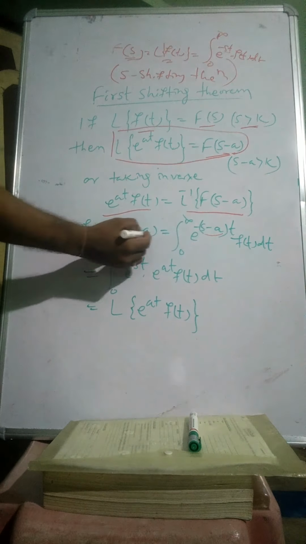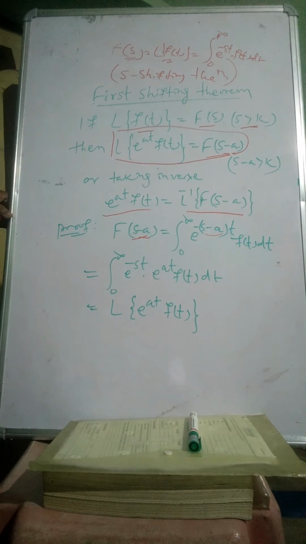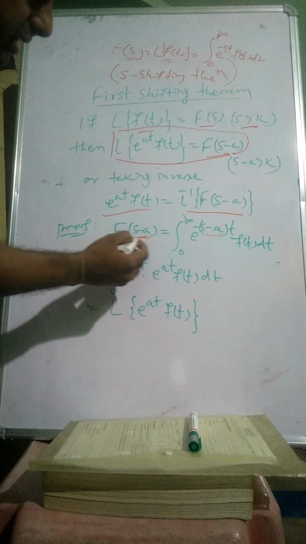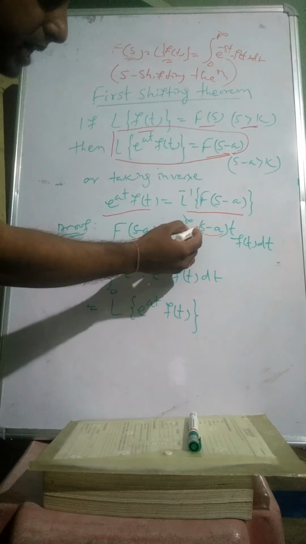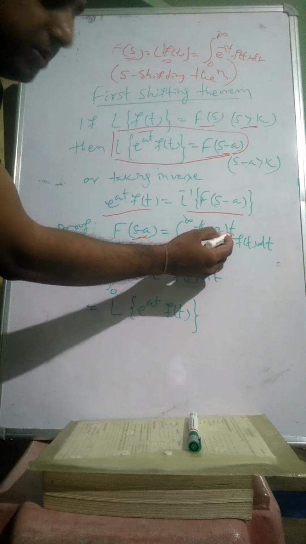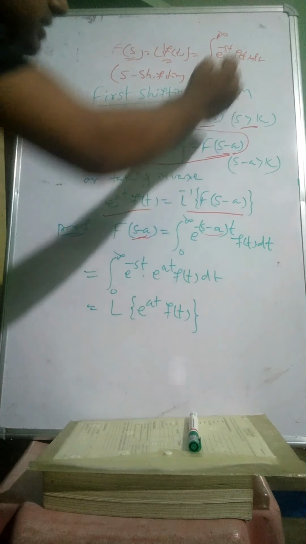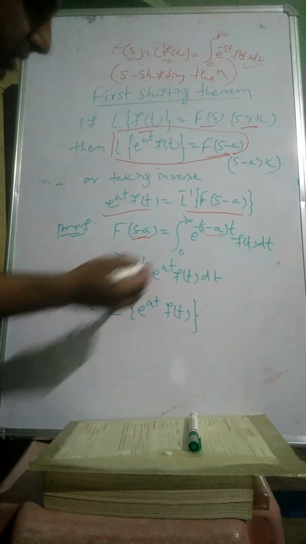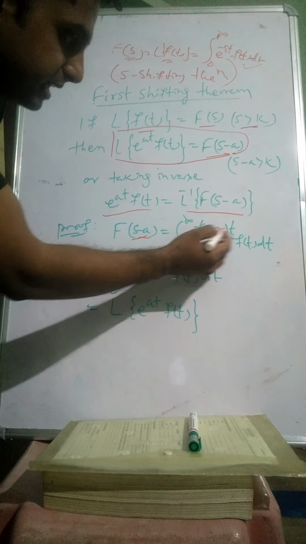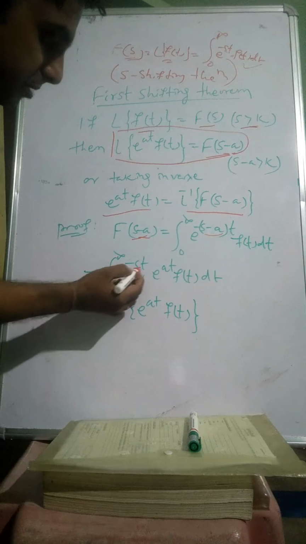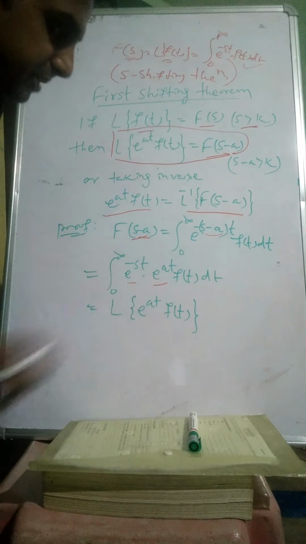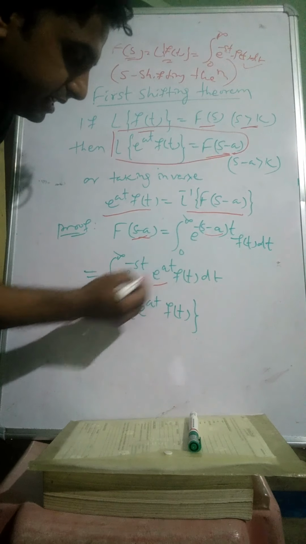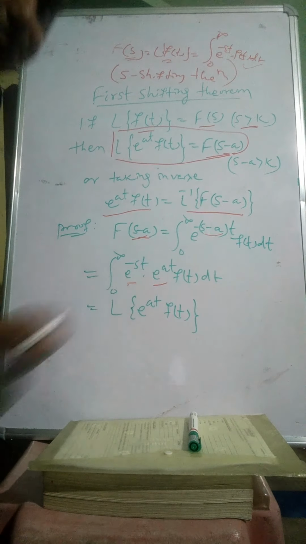So it will be the integral from 0 to infinity of e to the power minus (s minus a) into t, f of t dt, by this definition. Now if I multiply s minus a with t, then it will be e to the power minus st, then e to the power at, because minus minus is plus.